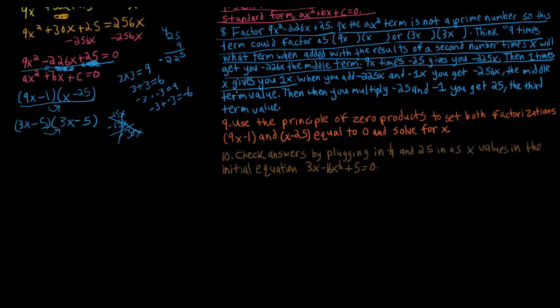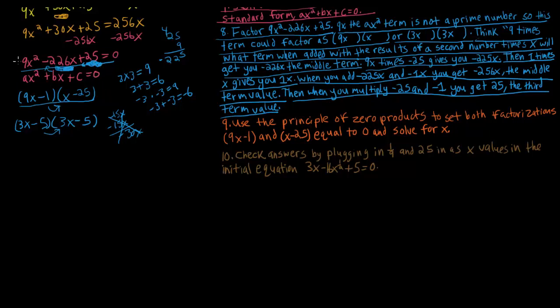And then when you add negative 225x and negative 1x, you get negative 226x, the middle term value, which is what we had right here. Then when you multiply negative 25 and negative 1, you get 25, the third term value, and that's what we had right here, 25, our third term value.